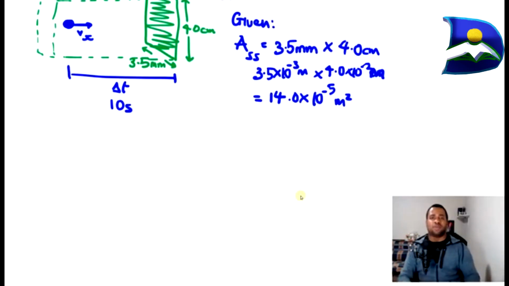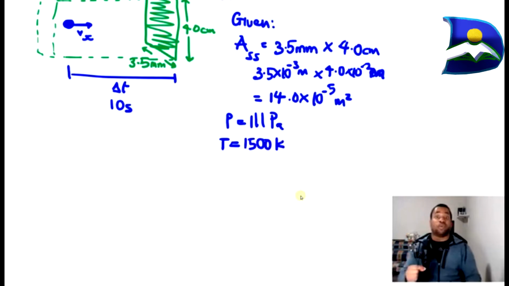The next variable given in the question is the pressure, which in the standard unit is 111 pascals, and then the temperature, which is given as 1500 kelvins, also a standard unit for this equation. Our change in time is given as 10 seconds.